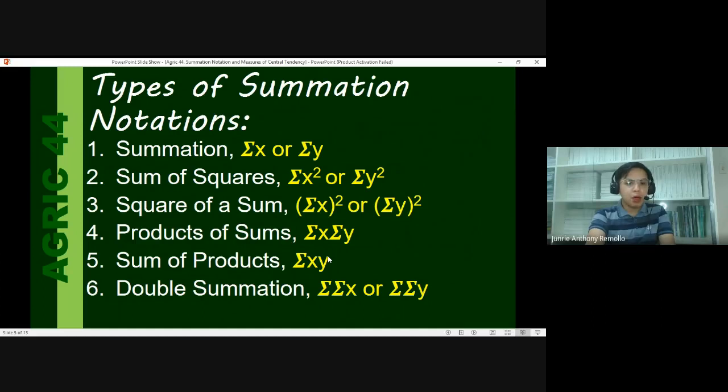The fourth, the product of sums, wherein we multiply the summation of x and the summation of y. The fifth, sum of products, wherein we add the products of the two variables, x and y. And then the double summation, which we could denote as double summation of x or double summation of y. So what are the meanings of these 6 types of summation notation?